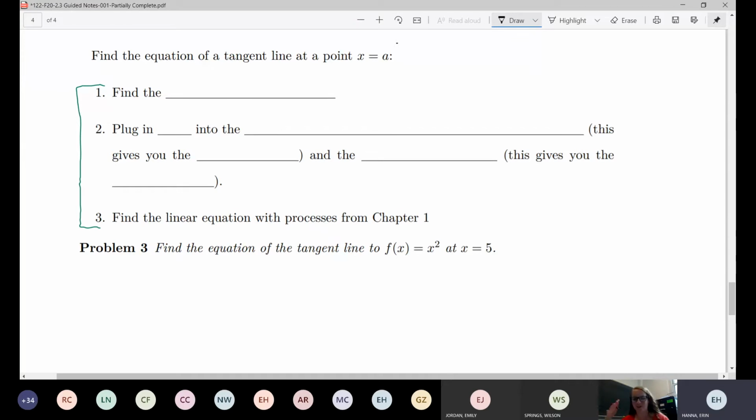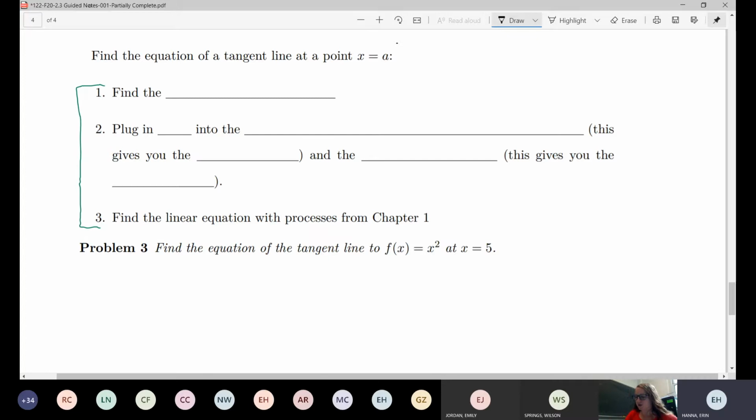We've had to estimate them using instantaneous rates of change. And possibly by the end of this week, but definitely next week, we'll get into some ways to find actual derivatives without having to estimate them. So this process is written with that in mind, so you can come back and look at it again when we have those. So it might be phrased slightly weird, but hopefully it'll make sense.